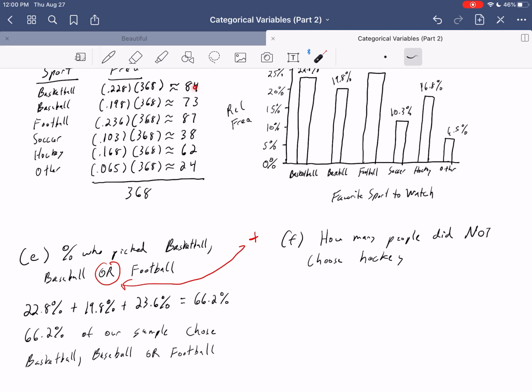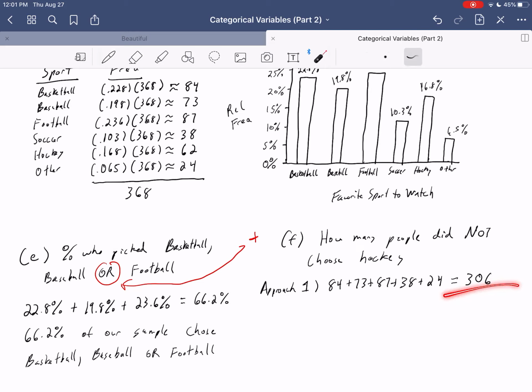So that would be basketball, baseball, football, soccer, and other. We could add all those together. So approach 1, and this would certainly work. You could take 84 plus 73 plus 87 plus 38 plus 24. Add all those together, 84 plus 73 plus 87 plus 38 plus 24 would be 306.